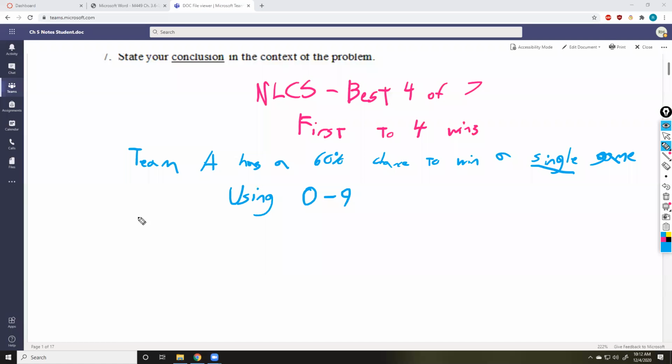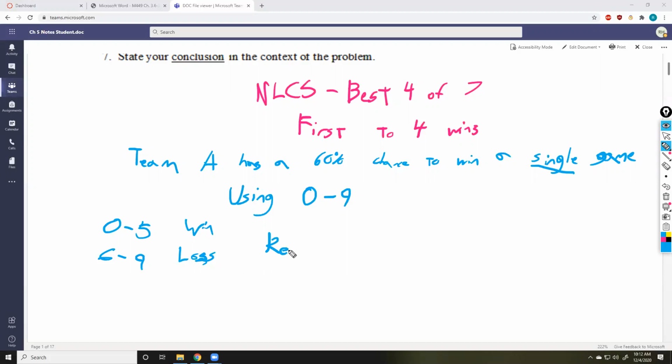So if the digit is 0 through 5, 0, 1, 2, 3, 4, 5, that's 6 digits, that's going to represent a win, and 6 through 9 is going to represent a loss. If the digit's between 0 and 5, then we say that they have won. If the digit's between 6 and 9, then we say that they have lost.